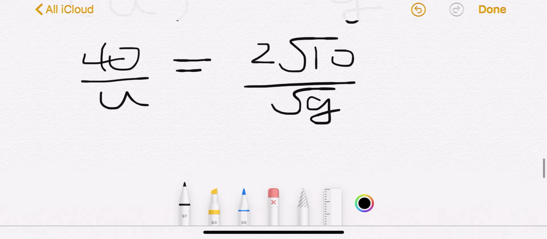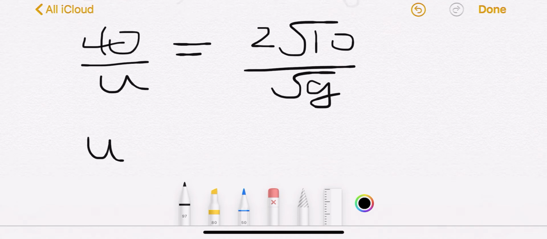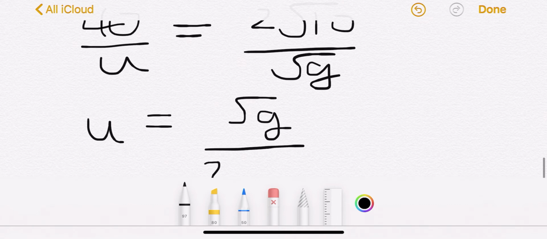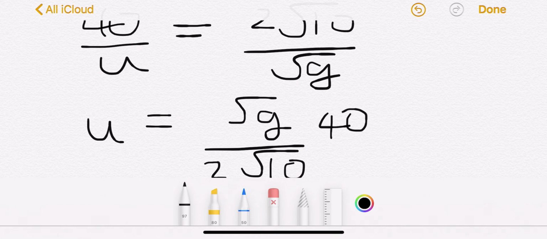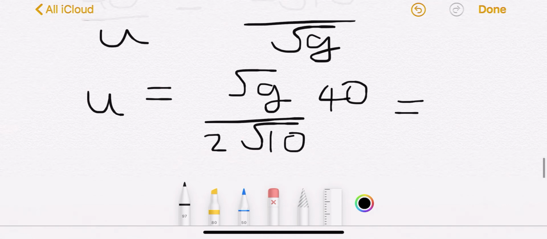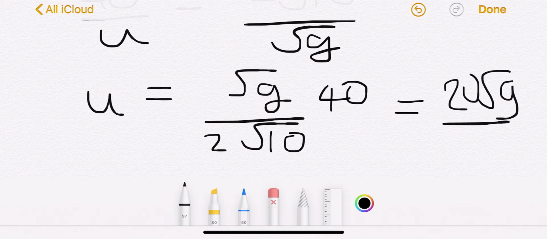Reciprocating and multiplying by 40, we get u equals 40 root g over 2 root 10, so actually u equals 20 root g over root 10.